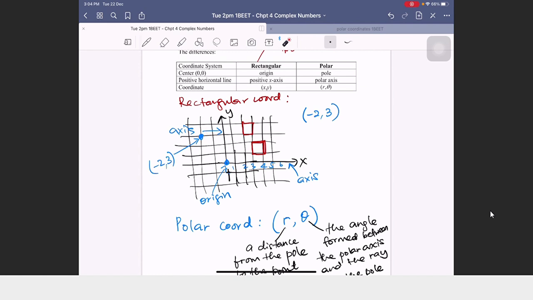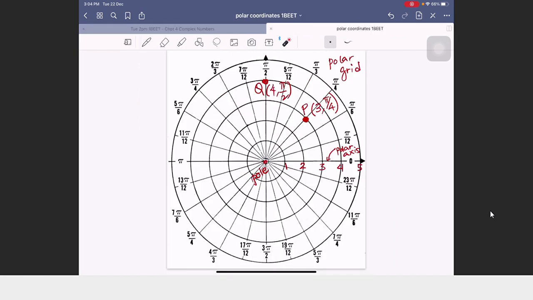But when it comes to polar coordinate, for example this P, the coordinate (3, pi over 4) is not the only coordinate that is represented by this location.